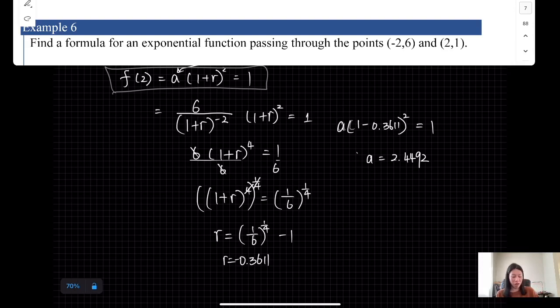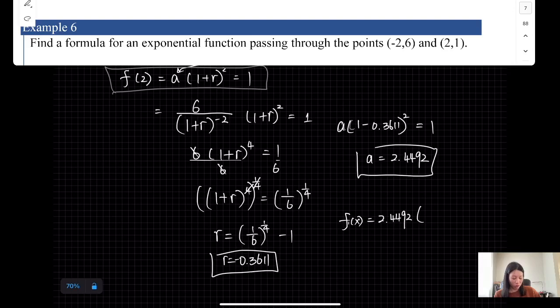So after we have A and r, we can have our equation for this function, which is passing through the points negative 2, 6 and 2, 1. So our function is going to be f(x) equals 2.4492 times 1 minus our rate to the x.